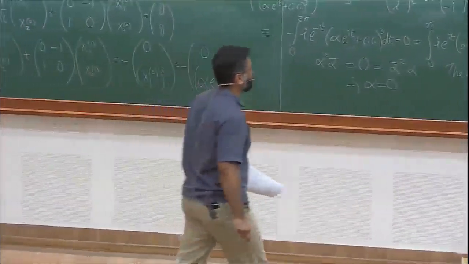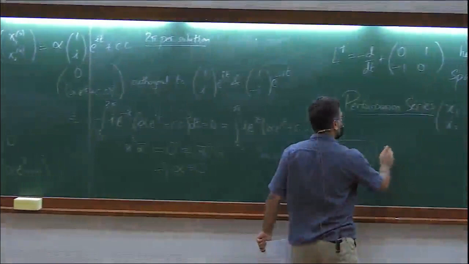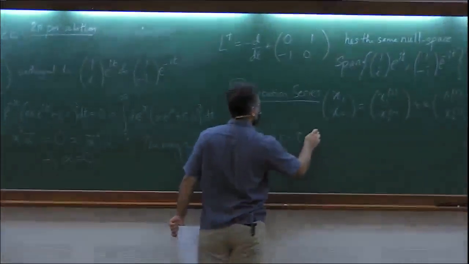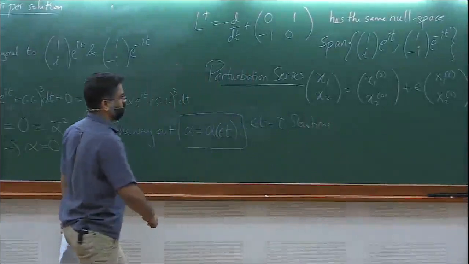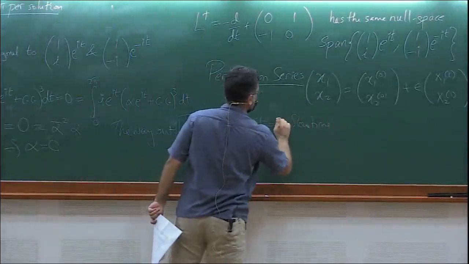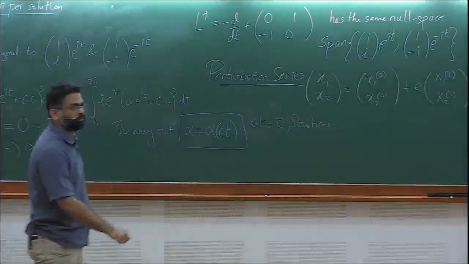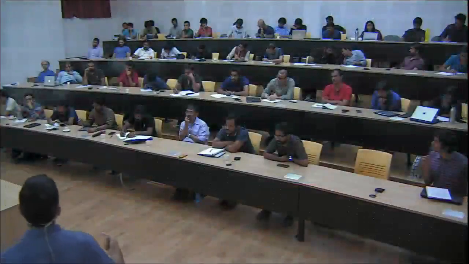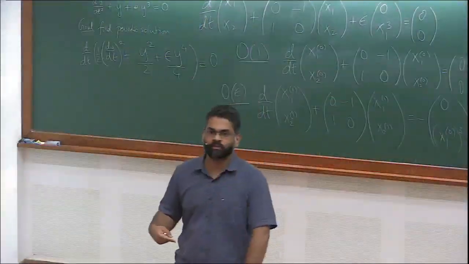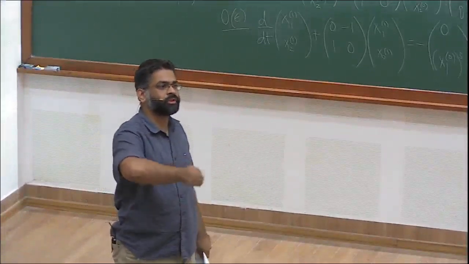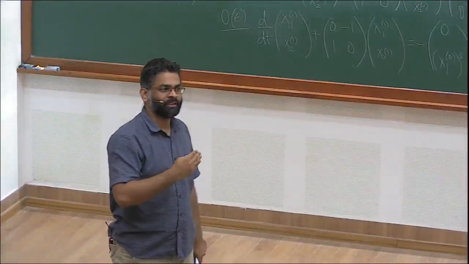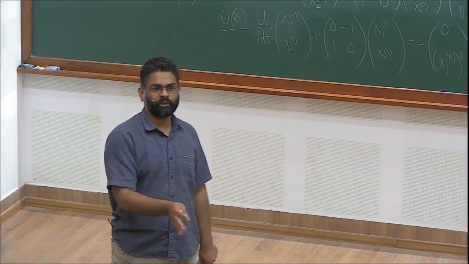Okay, so let's call epsilon t tau the slow time. Okay? So this is why the method is called the method of multiple scales, multiple time scales. Because you naturally introduce a degree of freedom to get yourself out of a situation.